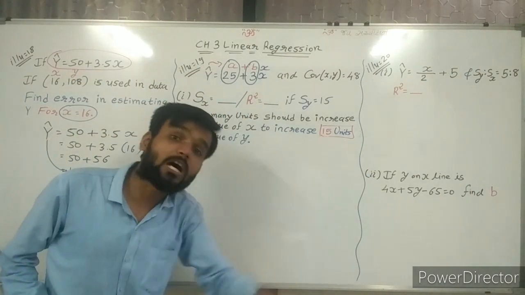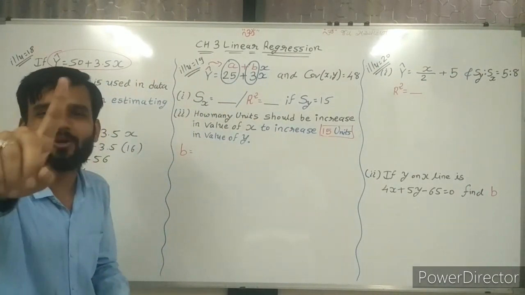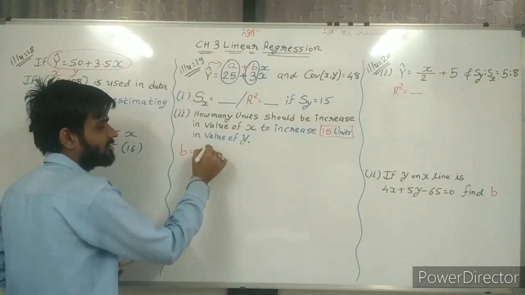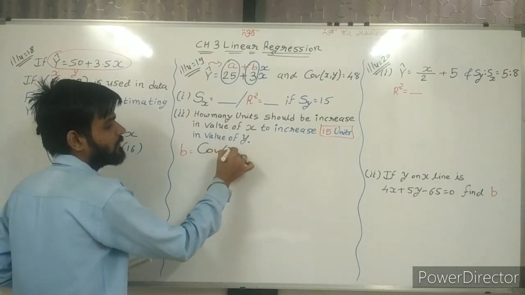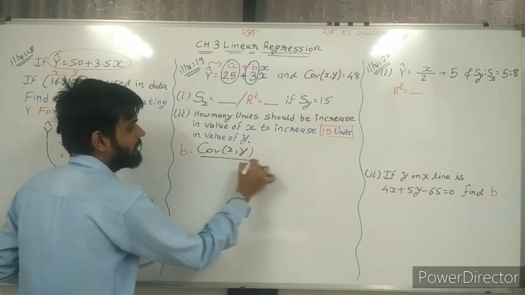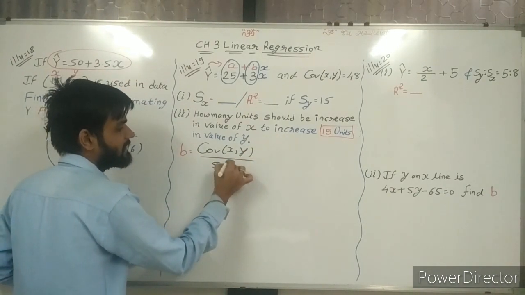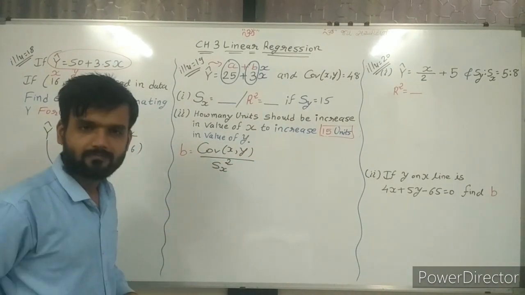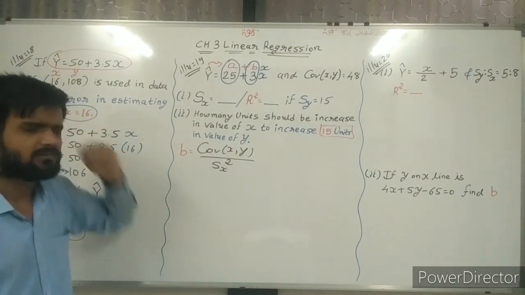Which is that formula? Sir, only one formula is there. Covariance of xy divided by Sx square. That was the formula. Simple.